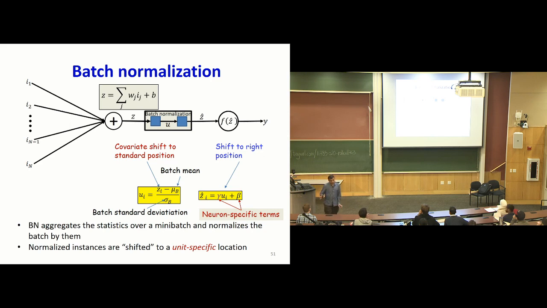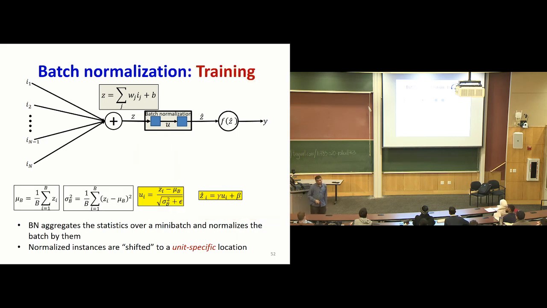The actual process has 2 steps. The first step is this guy, where you take the entire mini batch and move it to the 0 position. And then the second step is this guy, where you move the entire mini batch to the correct position, which is to be determined, right? So if you look at the equations, over each mini batch and over each sample of each mini batch, you have all of these steps.